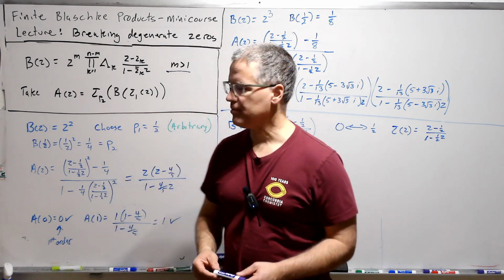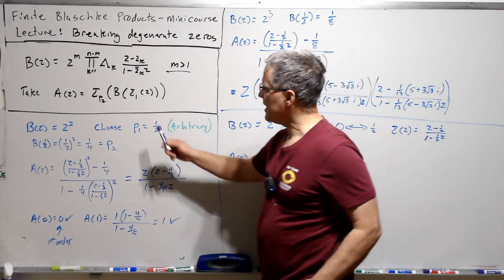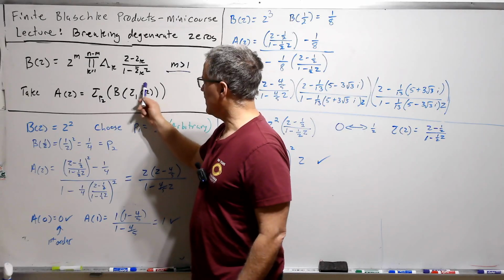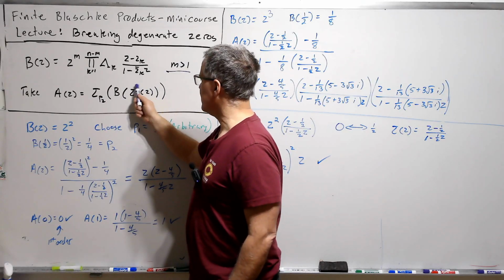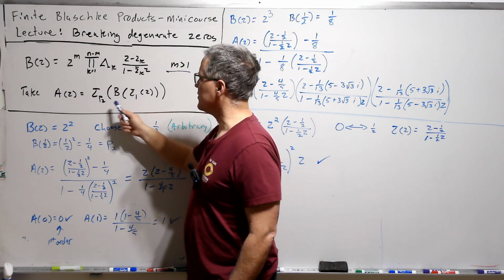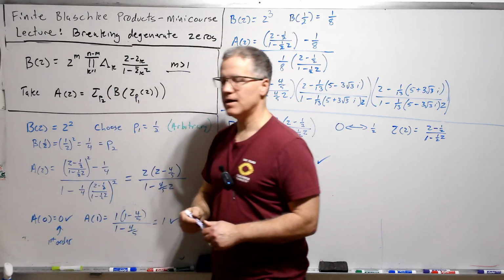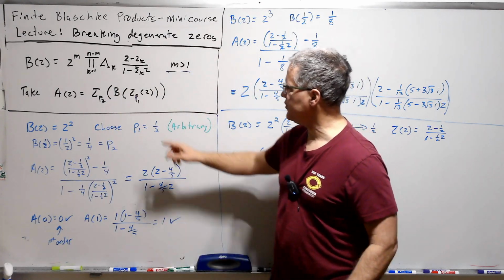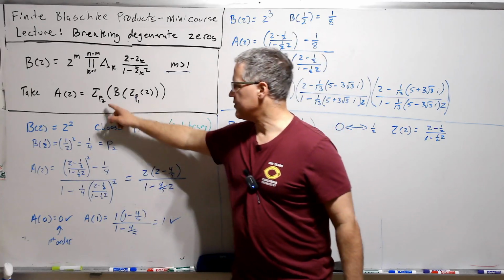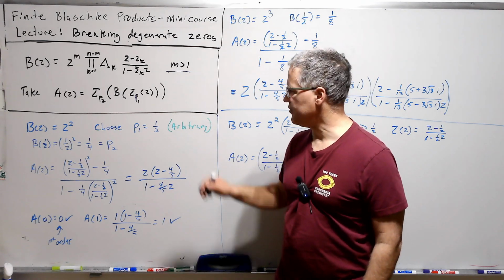So we'll have a Blaschke product at the beginning, we'll have a Blaschke product at the end, and we're just going to compose with one Mobius transformation. This should be a P1 and a P2. Okay, so we're going to choose a particular point and a particular point here, and so what we'll go through is how we do that.